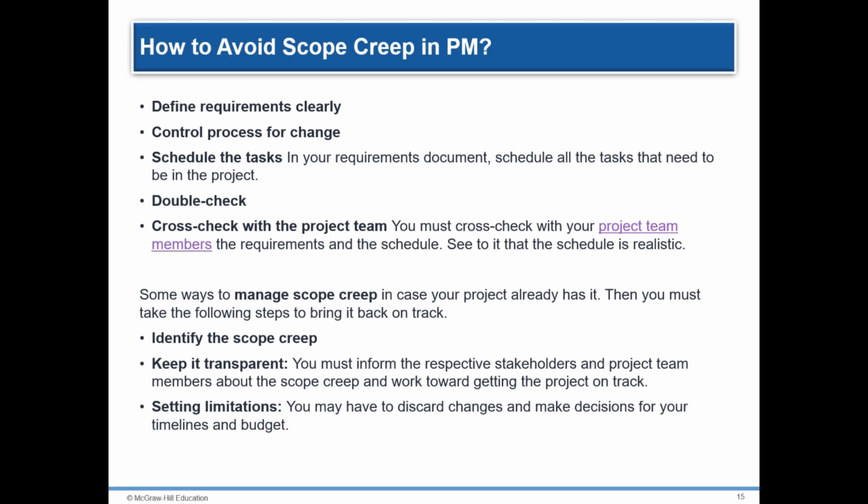And here is how to manage scope creep in case your project already has it. Then you must take the following steps to bring it back on track: identify the scope creep, keep it transparent, and set limitations. You may have to discard changes and make decisions for your timeline and budget.